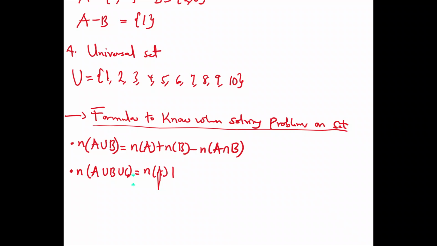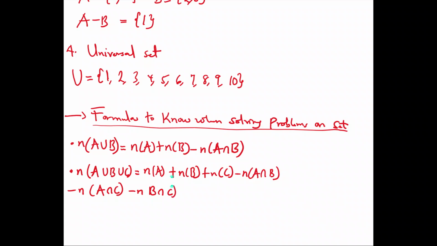So the formula will be number of A plus number of B plus number of C, minus number of A intersection B, minus number of A intersection C, minus number of B intersection C, plus the number of A intersection B intersection C. So make sure you keep this formula in mind.